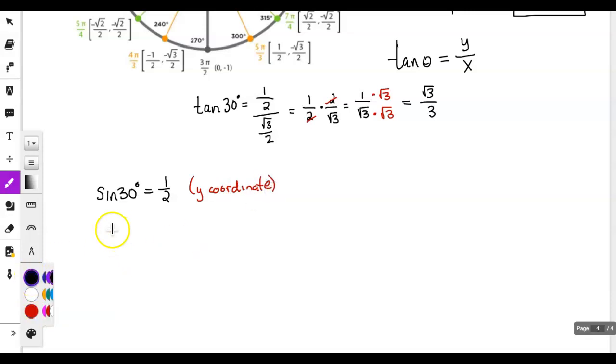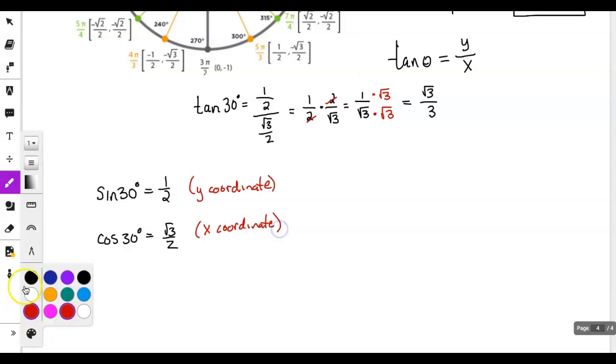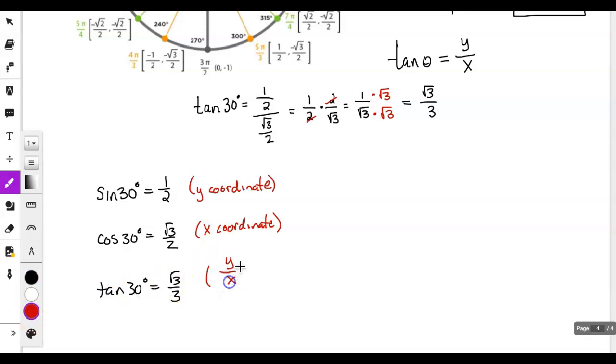We know that the cosine of 30 degrees is √3/2, and that's because that's the x coordinate of that angle on the unit circle. And we know that the tangent of 30 degrees is √3/3, and that's because we did the y coordinate divided by the x coordinate.